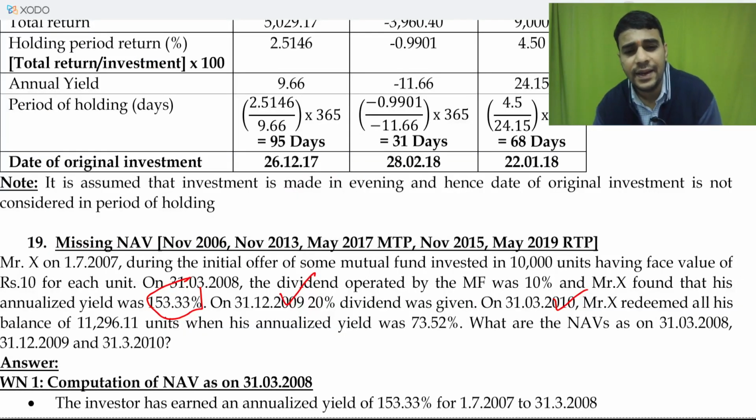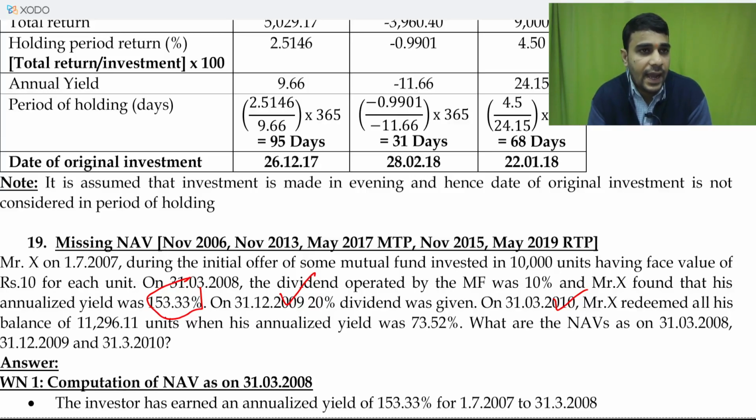Any idea how do I get NAV as on 31/12/2009? How should I get it? 31/3/2010 I have explained. For 2009, what can be done? There is no annual yield given for 31/12/2009.